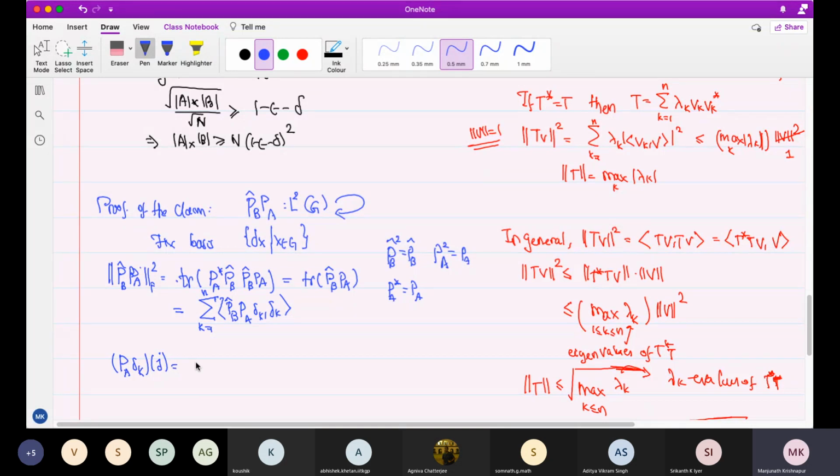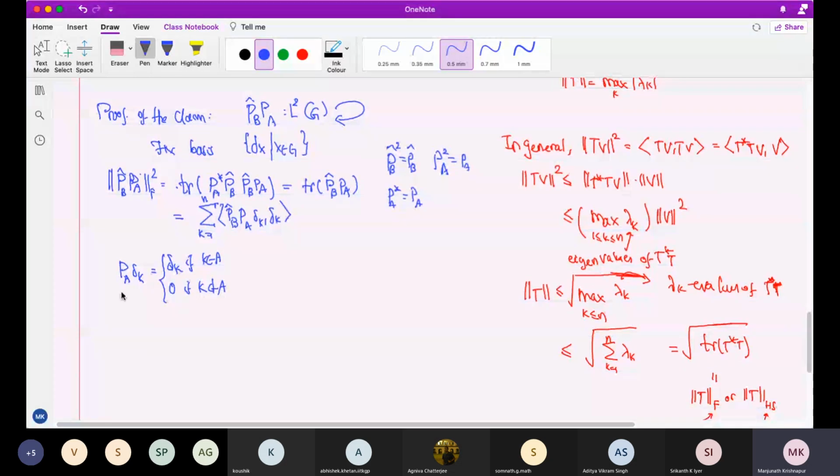P_A delta K is just the projection of delta K to A. I mean, the restriction will be delta K if K belongs to A and 0 if K does not belong to A. That is clear, because you are going to multiply delta K by the indicator of A, and if K is not in A, that will be 0.